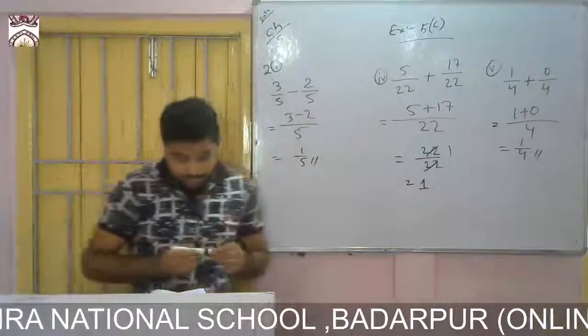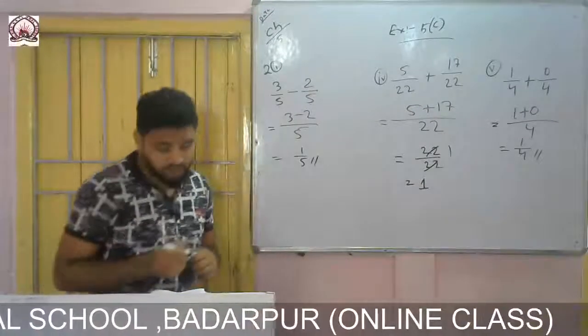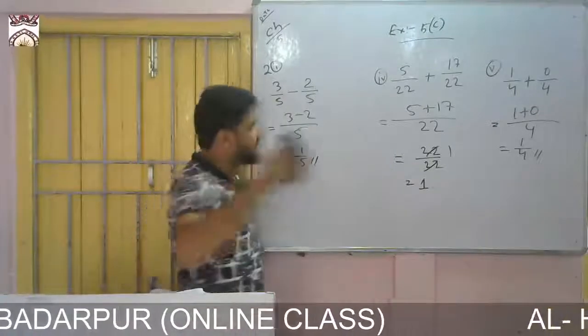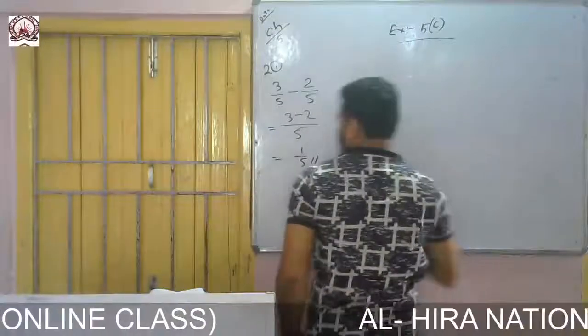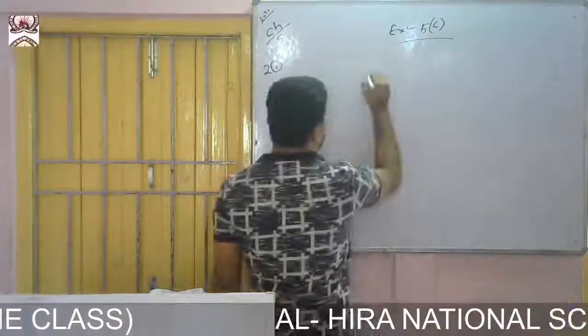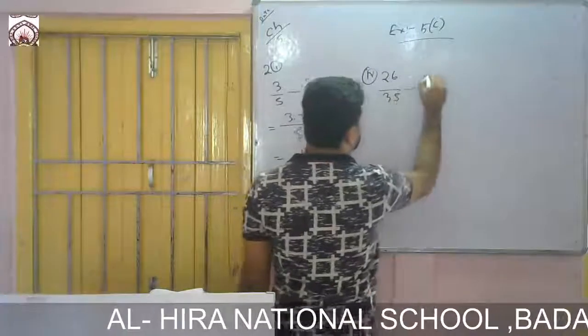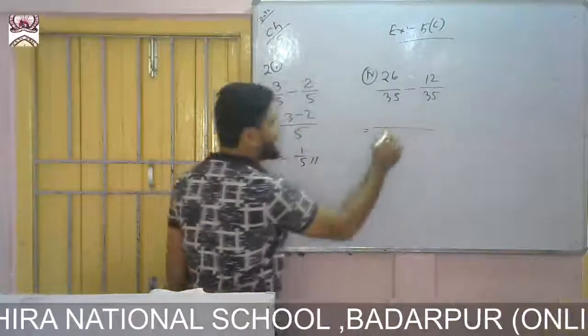Now come to question number 4, 26 by 35 minus 12 by 35. In this case also both the denominators are the same.